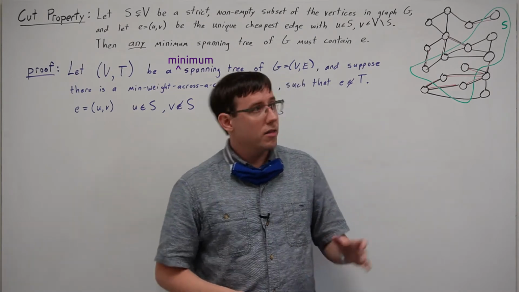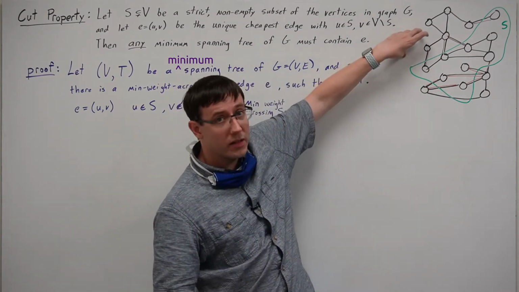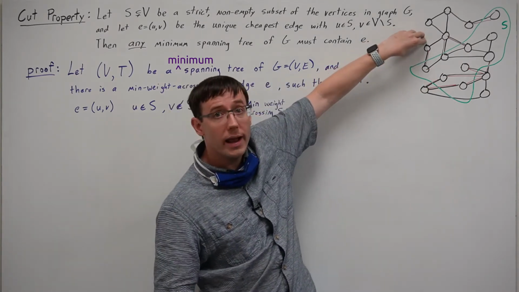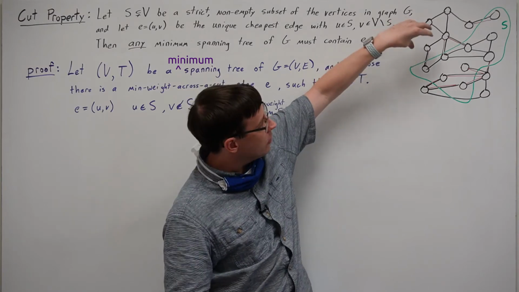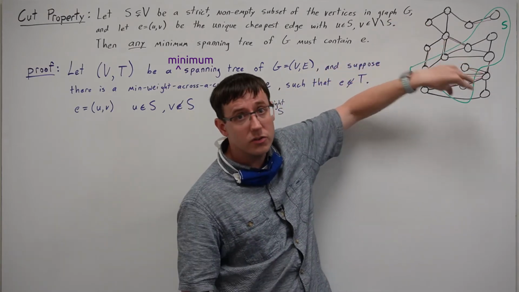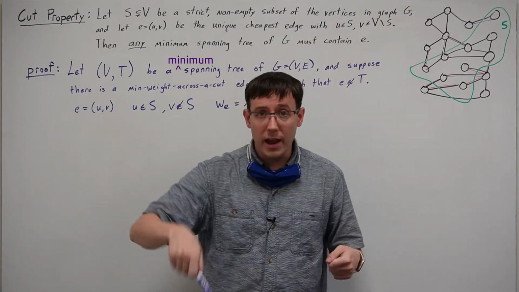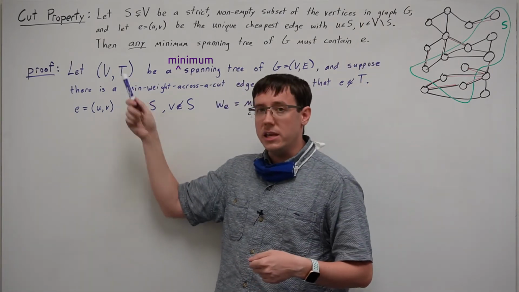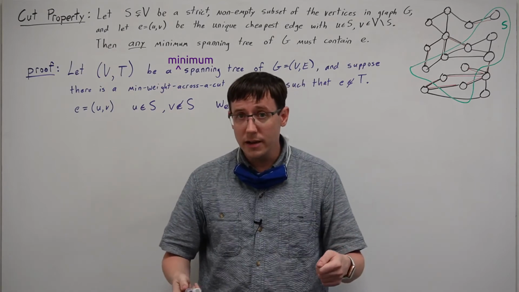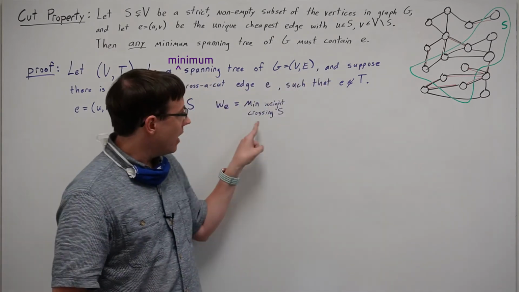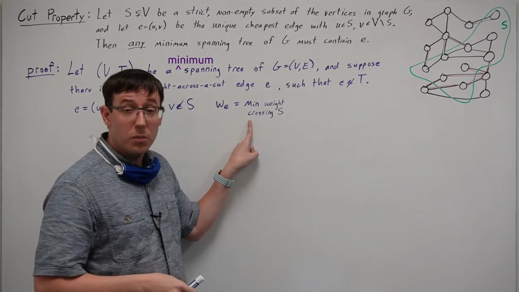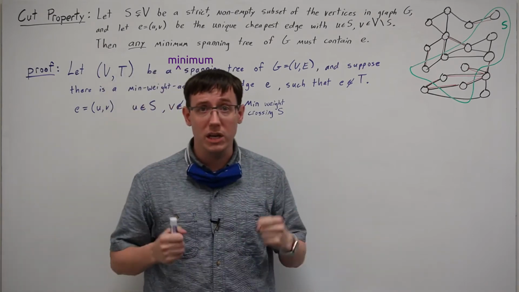If there weren't, then we couldn't span the graph because we would have no way of connecting the vertices that are in the set S to the ones that are outside of it. So let's think about that other edge that's in T that crosses the cut and that has a higher weight than E because we know E was the unique minimum.